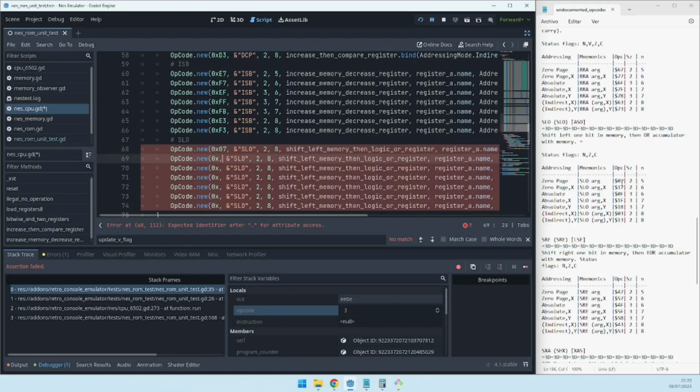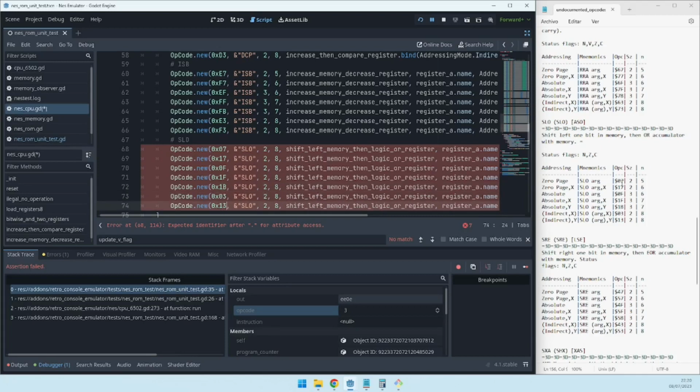07, 17, 0F, 1F, 1B, 03, 13. And we have 2 bytes, 2 bytes, 3 bytes, 3 bytes, 3 bytes, 2 bytes, and 2 bytes.